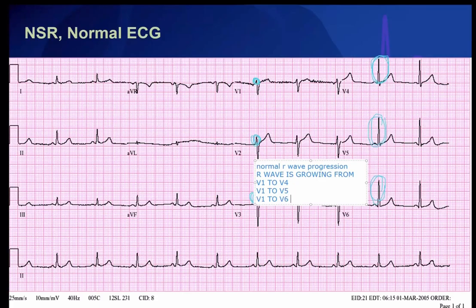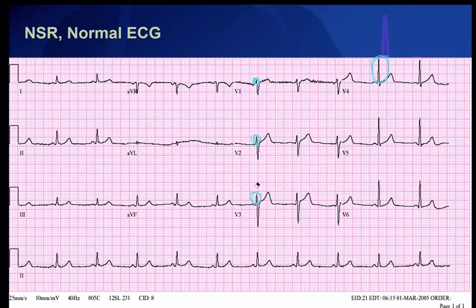So these are our rules for R wave progression. It is important to identify the R wave and how it is growing in any normal ECG or abnormal ECG.